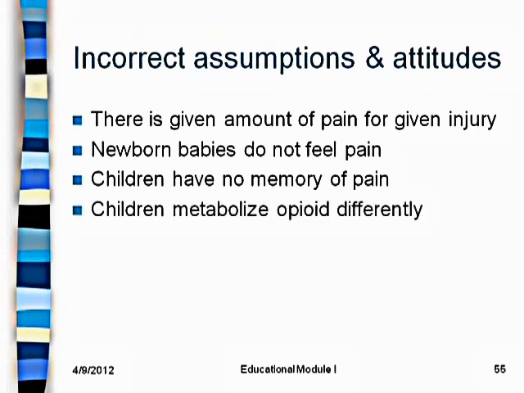Opioids are powerful drugs, and they metabolize slightly slower in children younger than 3 months. Experts recommend starting with half the standard dose of opioids in infants younger than 6 months old. For example, 0.05 milligrams per kilo of morphine instead of the standard dose 0.1 milligrams per kilo.